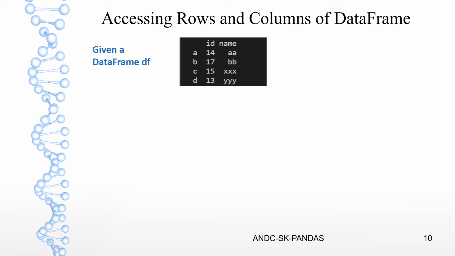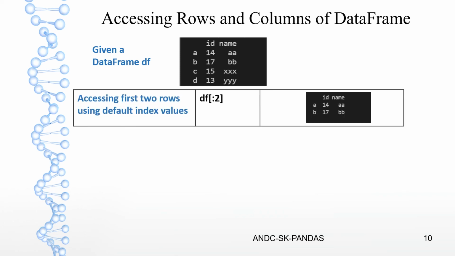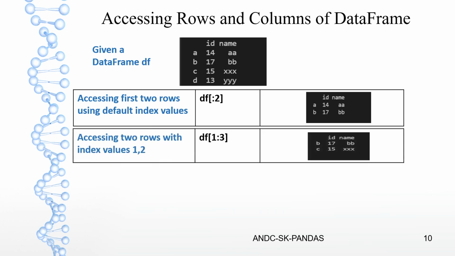First we will learn how to access the row content, and then we will learn how to access the column content. The simplest way of accessing the rows content is by using the default index value for the rows. If you write df[:2], this means you want to access rows using the slicing operator, starting from 0 till index value less than 2, that is 1.